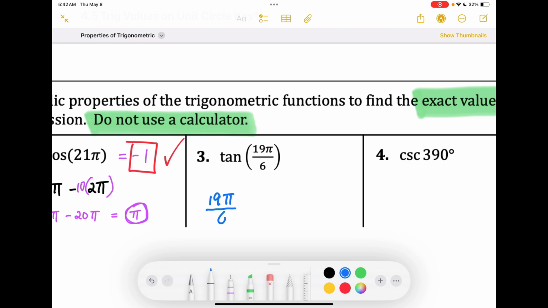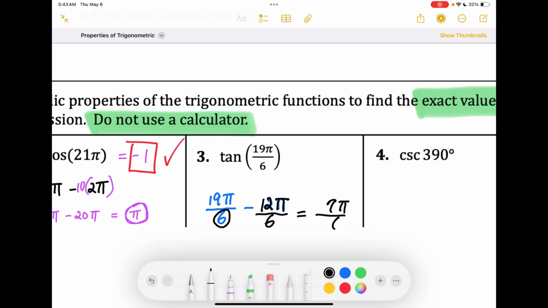You know that already. 19 pi over 6 is not on the unit circle. Too big. I'm going to minus 2 pi. When you do this one, we talk about the denominator. The denominator is 6, so 6 times 2 is 12. Therefore, I can minus 12 pi over 6.